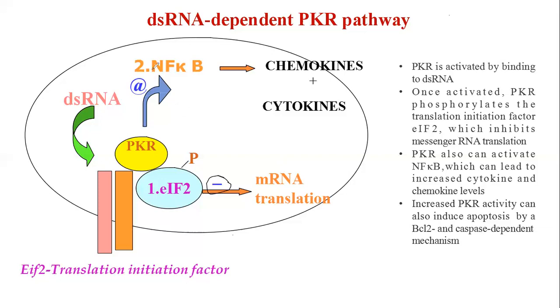And PKR, in the second way, activates NF kappa B. Please recall the first figure we have discussed. This PKR activates the transcription factor NF kappa B, which can lead to increased production of chemokines and inflammatory cytokines, so chemokine and cytokine levels will be high.